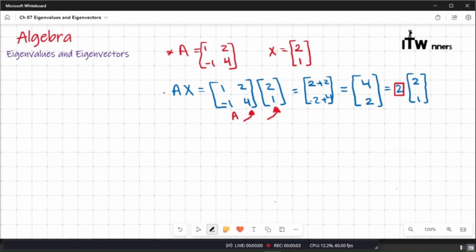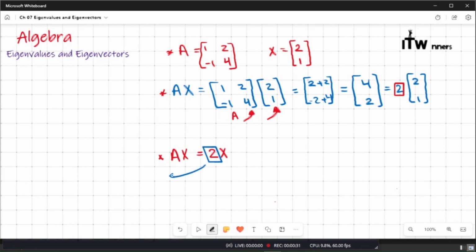So let me write that A into vector x will be equal to the scalar value 2 into vector x.